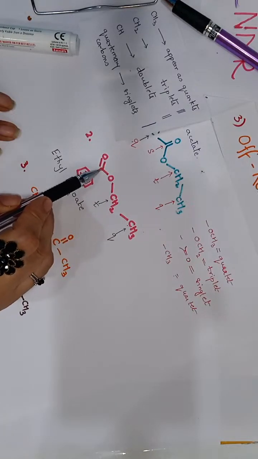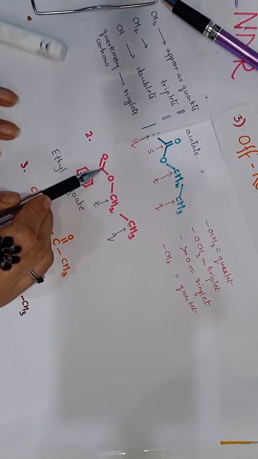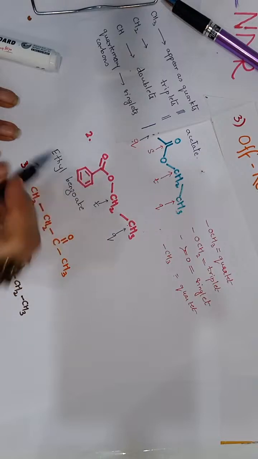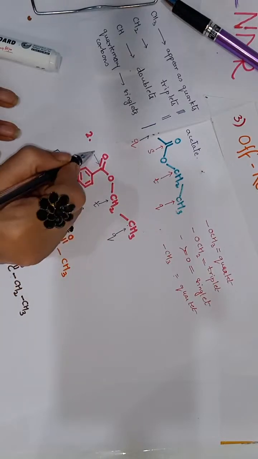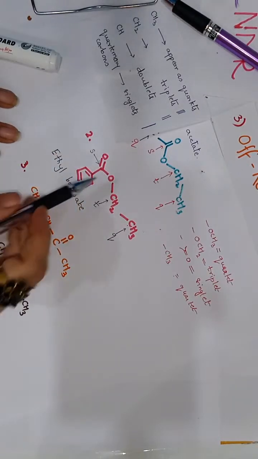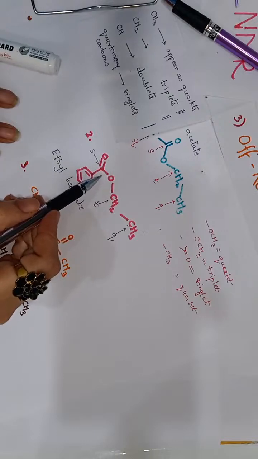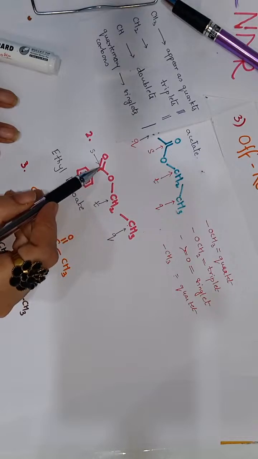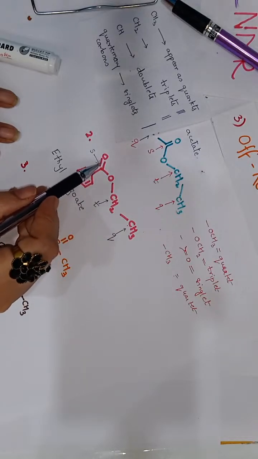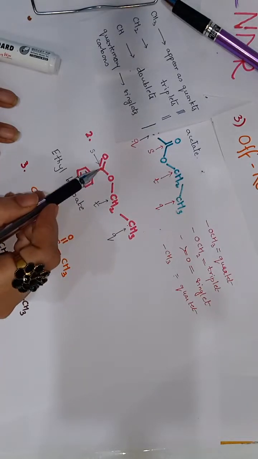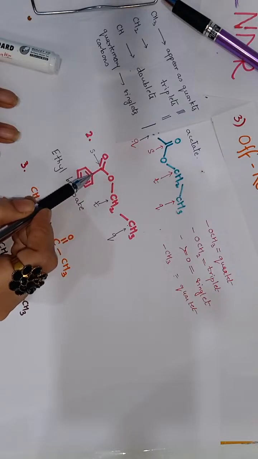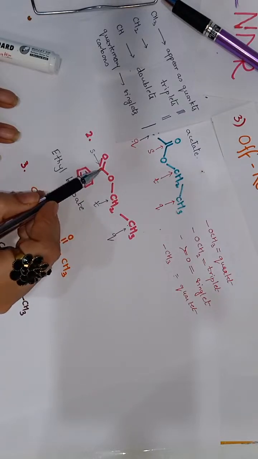So now this carbon is a quaternary carbon, therefore it is a singlet. Also, this carbon is attached to double bonds and to the benzene ring. So this kind of singlet is called the ipso carbon.